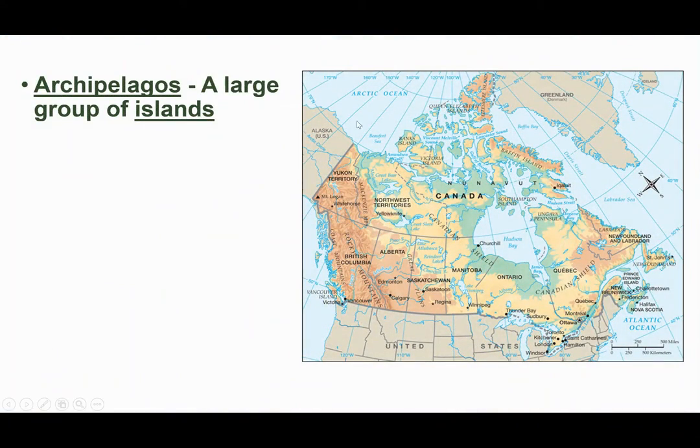Now, one of the things that we need to take note of here is the positioning of archipelagos in Canada. You'll notice that there's a large archipelago, which is a group of islands, a large group of islands here north of Canada in the Arctic Ocean.